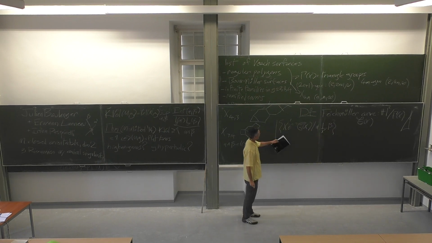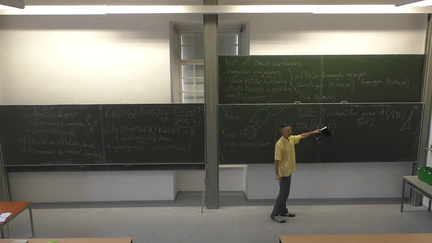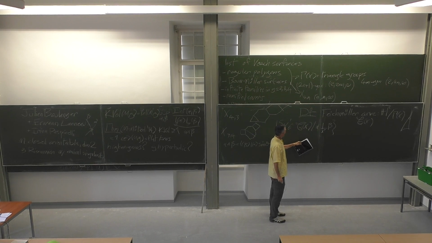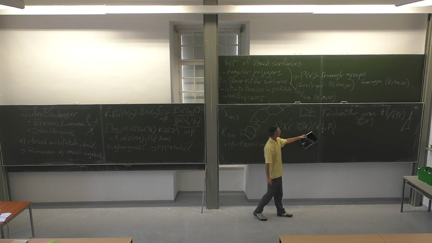So I'm choosing two homotopy classes of closed curves in the surface X. And I'm considering the surfaces which are obtained from X by a matrix in SL2, such that in this new surface my curves alpha and beta become orthogonal.